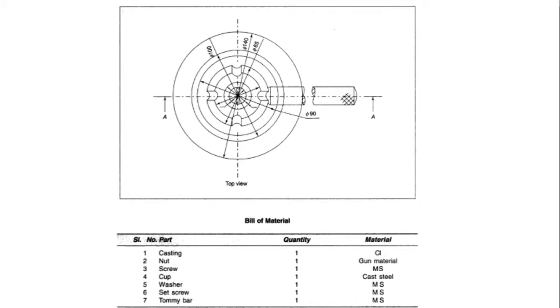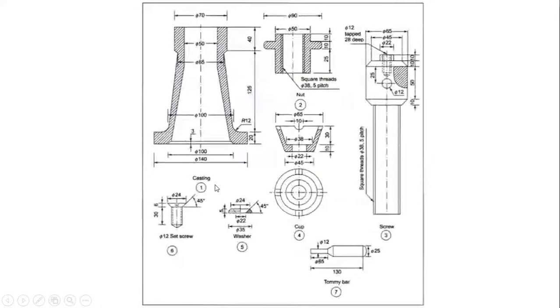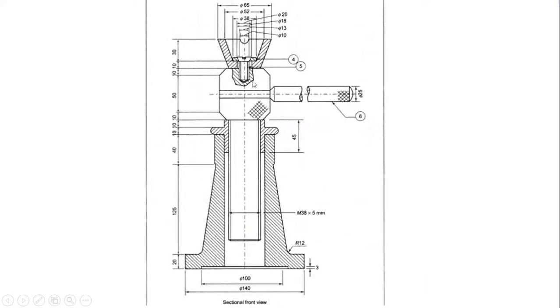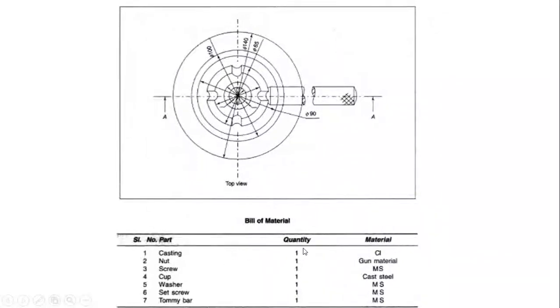In that you can represent how many parts are used in that product or assembly. We can clearly describe that: the part name, and how many times that individual part is used in the product. Here in this drawing, each is used only one time, so the quantity is 1, 1, 1. Sometimes nuts, bolts and screws are used multiple times in an assembly.